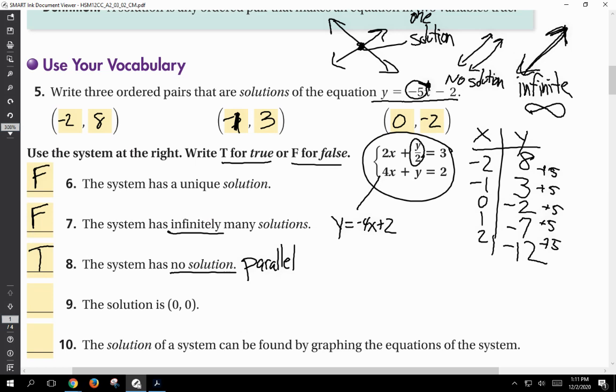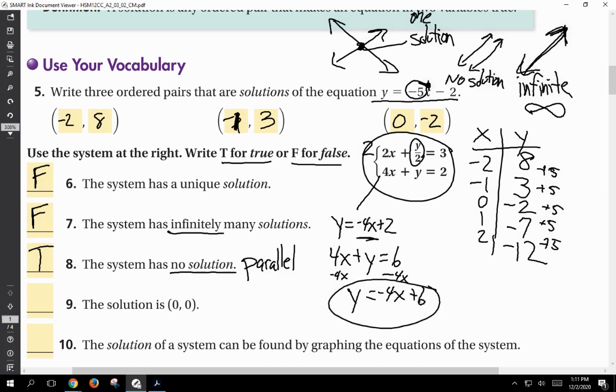So you're going to multiply the entire thing by 2 to get rid of that fraction. If you multiply the entire thing by 2, you actually get 4x + y = 6. And then you subtract 4x from each side, and your answer is y = -4x + 6.